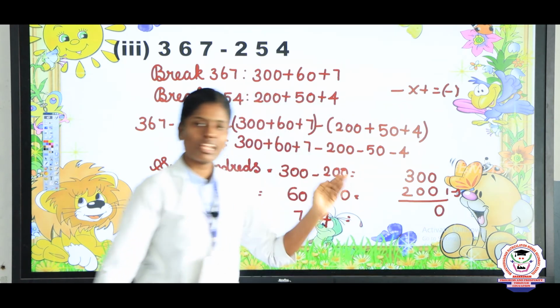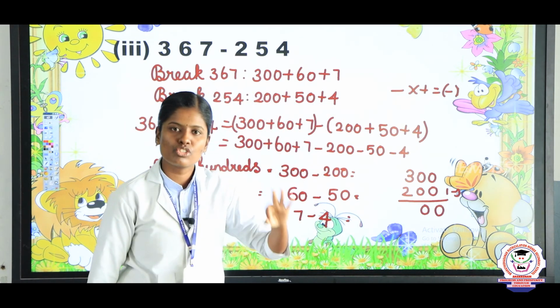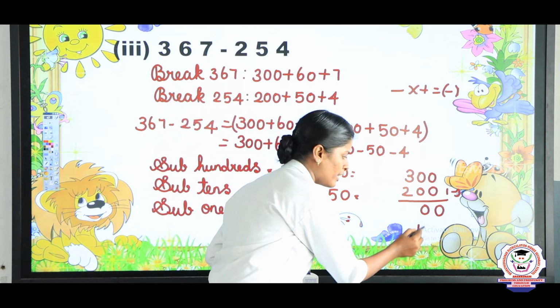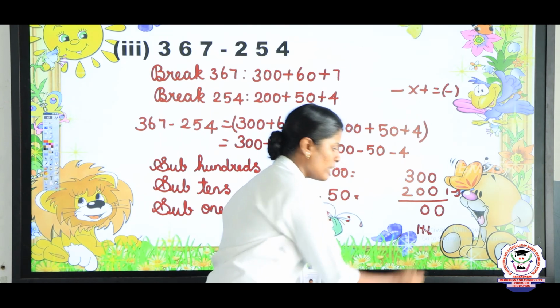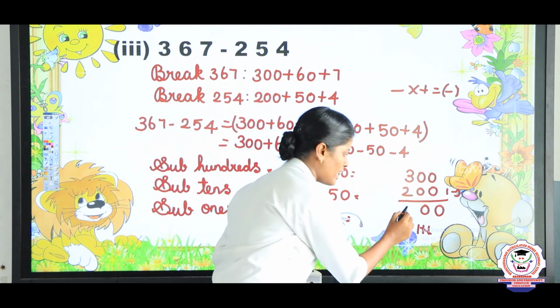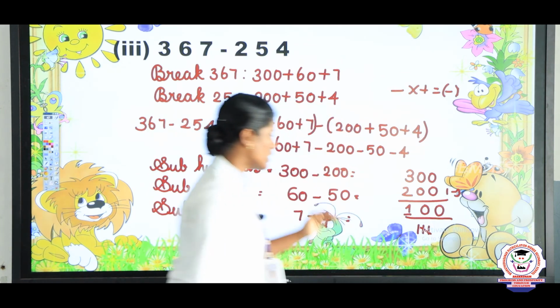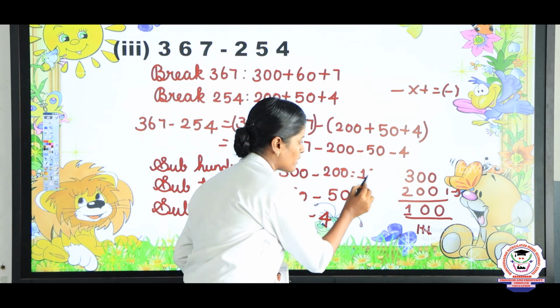Next again 0 minus 0, the answer is 0. Then 3 minus 2. So put 3 lines, 1, 2, 3 and then strike out 2 lines. Remaining how many lines are there? We have only 1 line. So write the answer 100. Here 300 minus 200, the answer is 100.